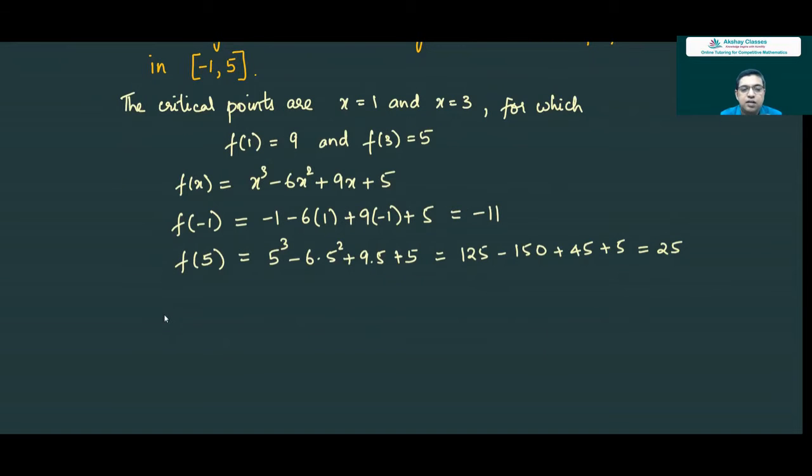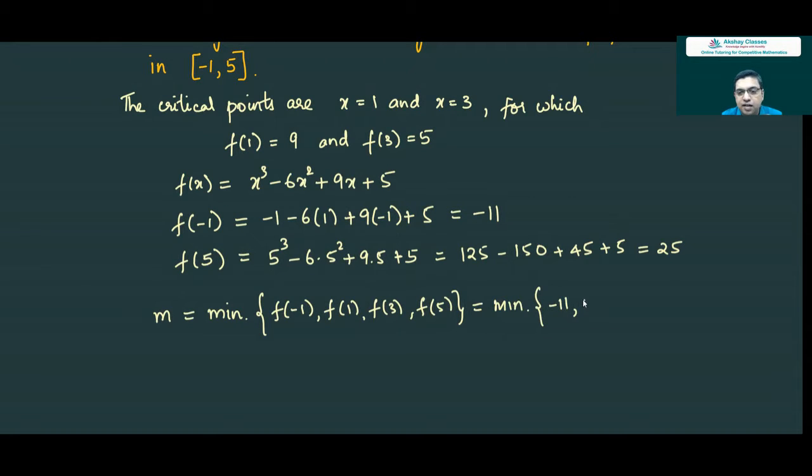Now we have to choose the smaller one. The minimum of the function values at the boundaries and the function values at the critical points. Which is the minimum? The minimum of -11, 9, 5, and 25.